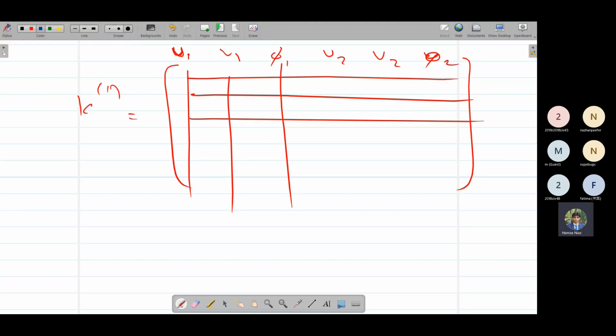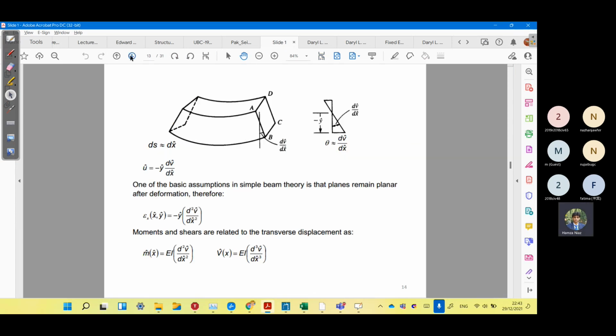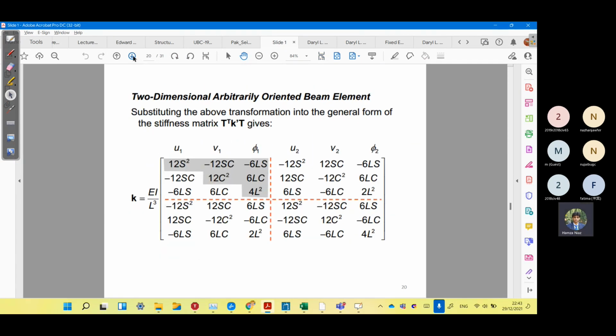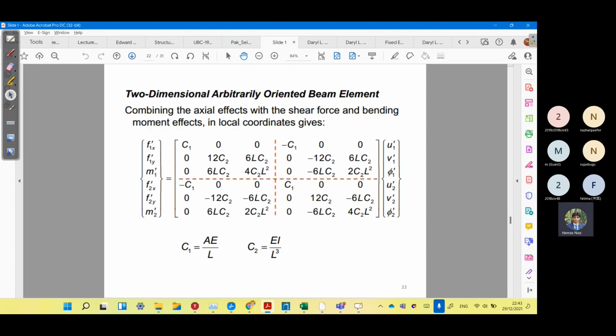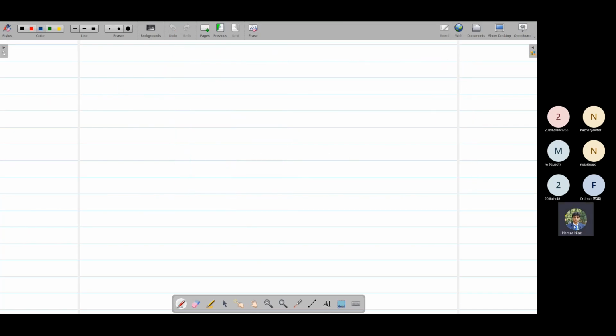For the frame case, we also have to memorize this formula. This part: C1, 12 C2, 6 C2, and so on.